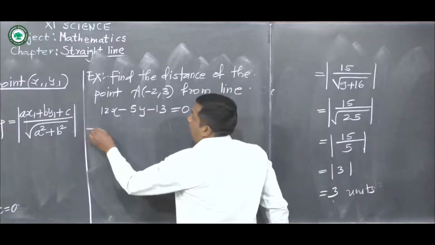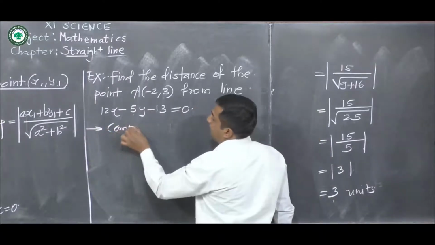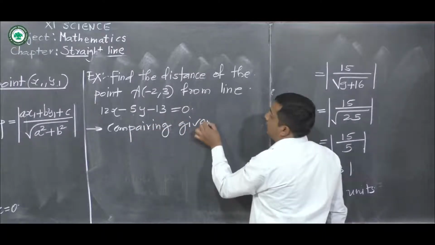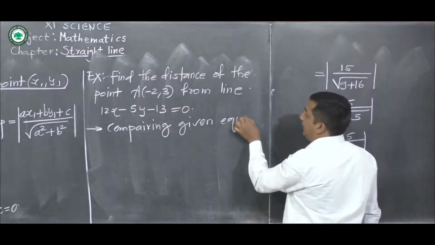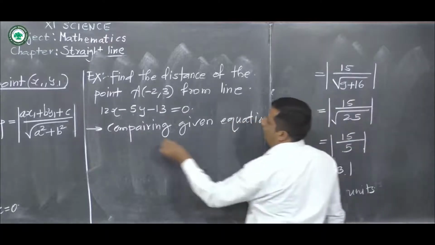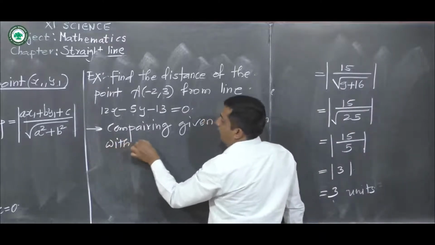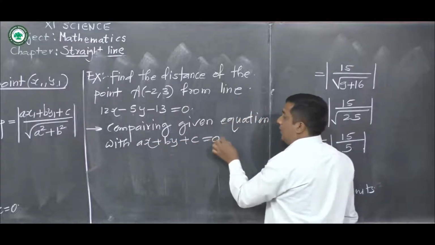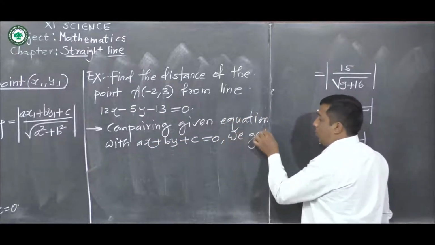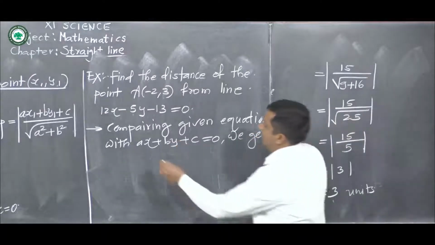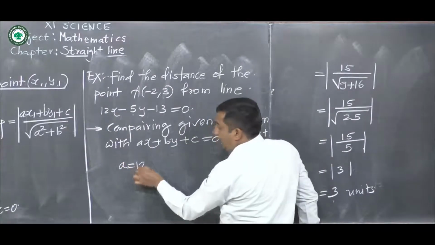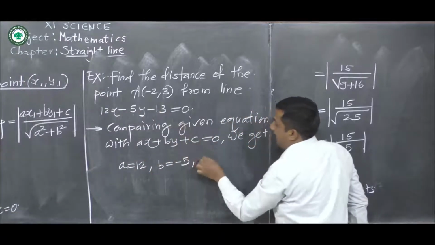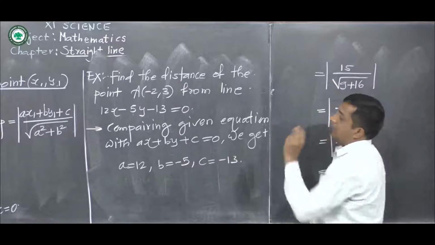So comparing the given equation with ax plus by plus c is equal to 0, here we get a is 12, b is minus 5 and c is minus 13.